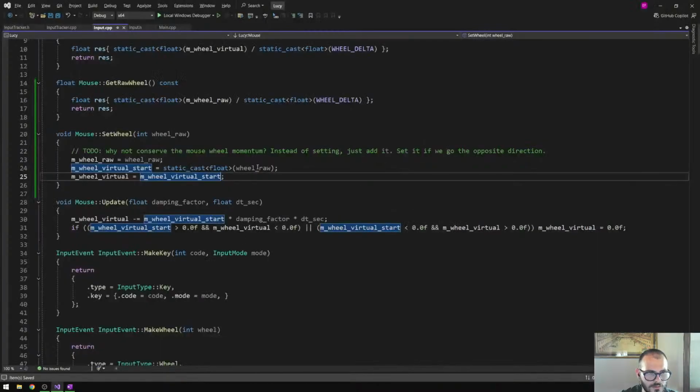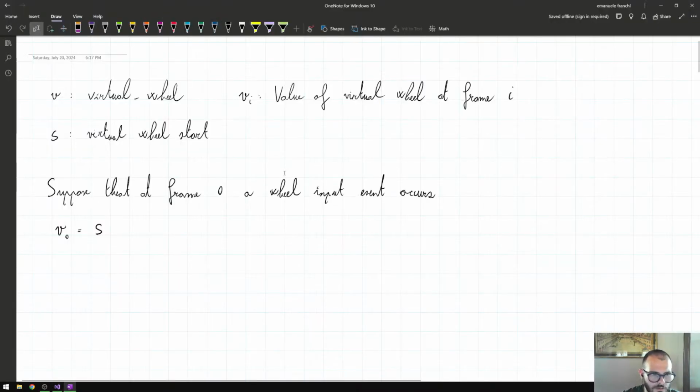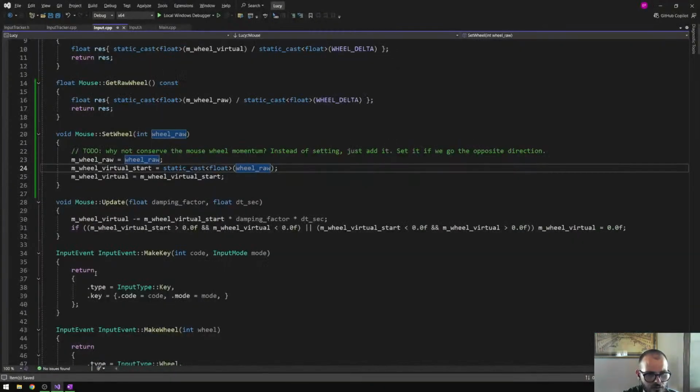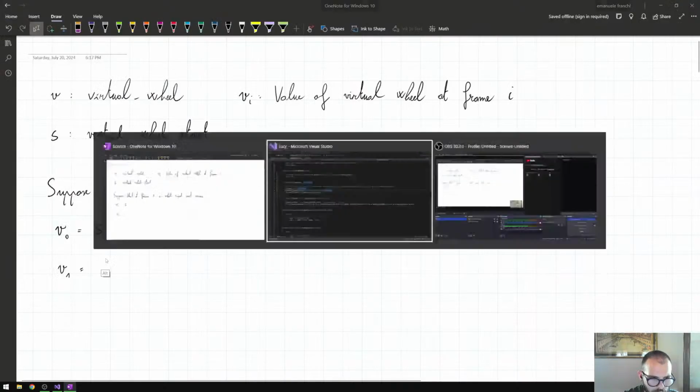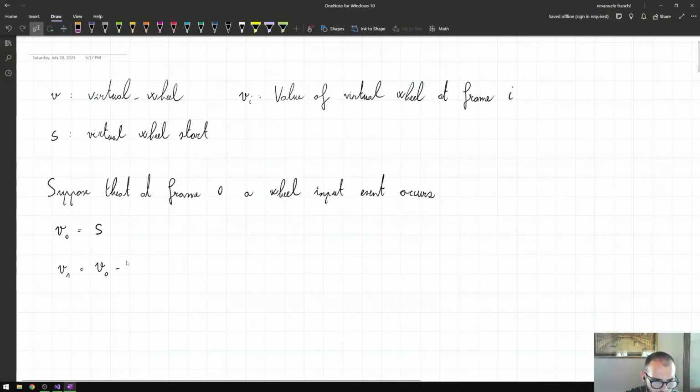So that is that the virtual V1, right after an update, is V0 minus the starter times the damping factor times delta.